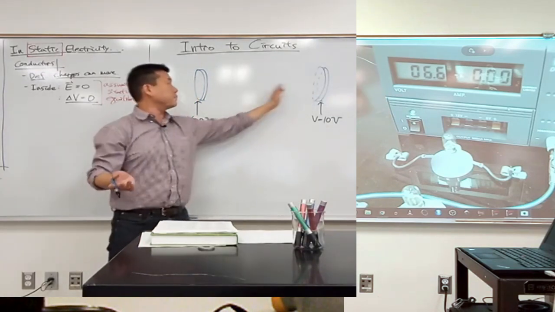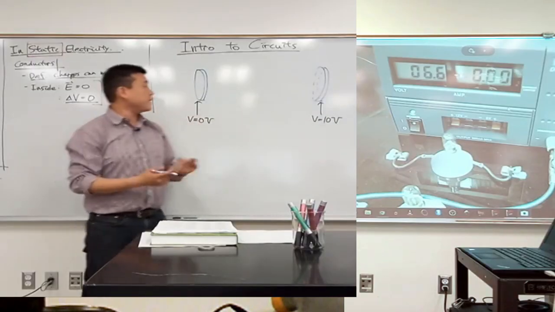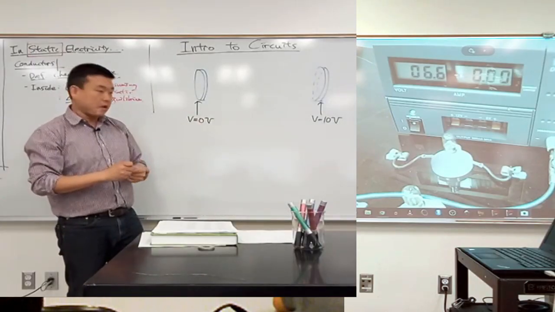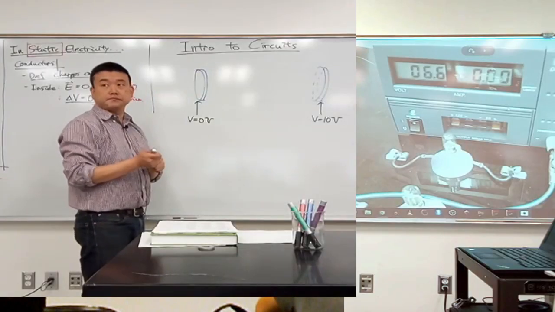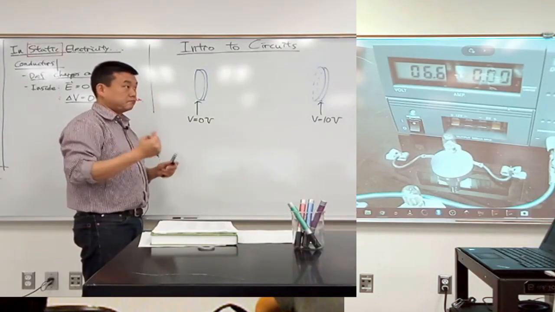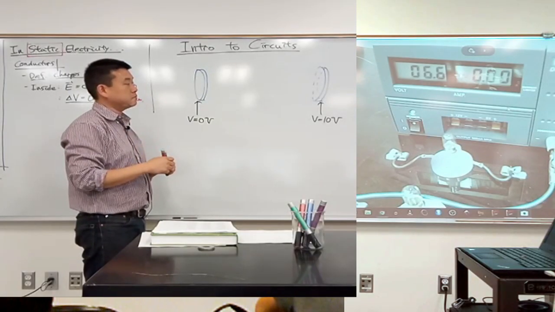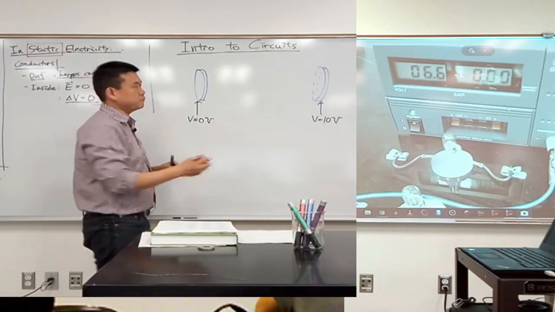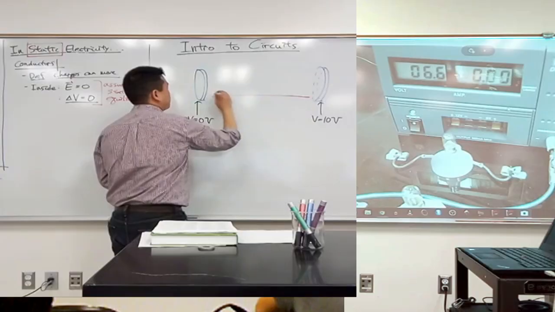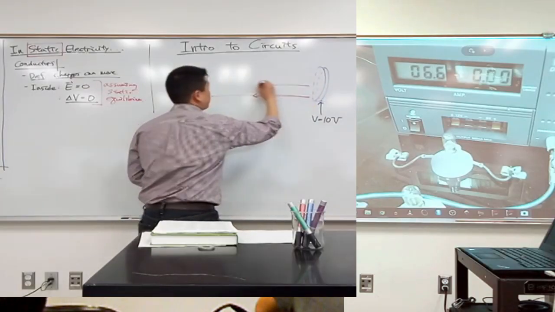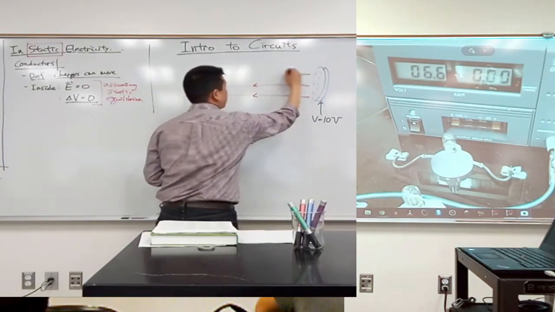There's an electric field between these two. How was that electric field set up? In fact, let me draw the electric field. What direction would the electric field go? To the left, right? Yeah, okay. From high voltage to low voltage. So it would mean there's some kind of electric field between them.